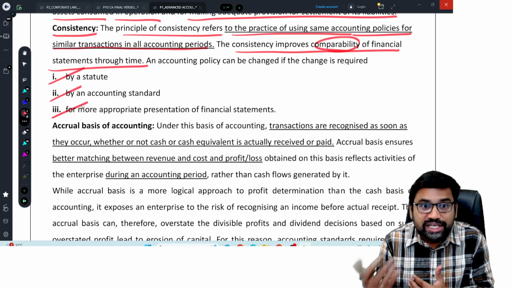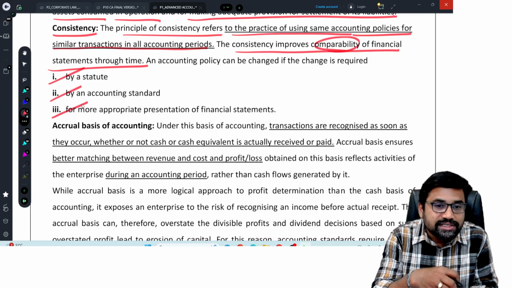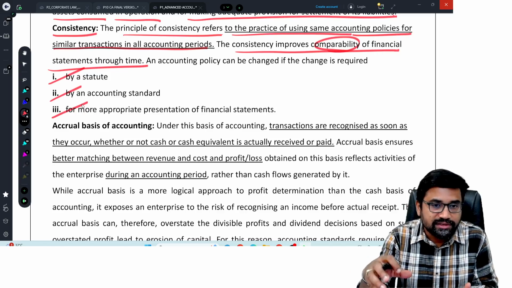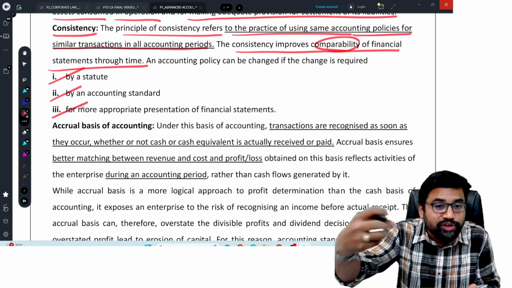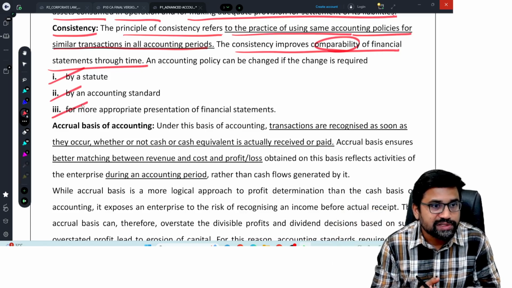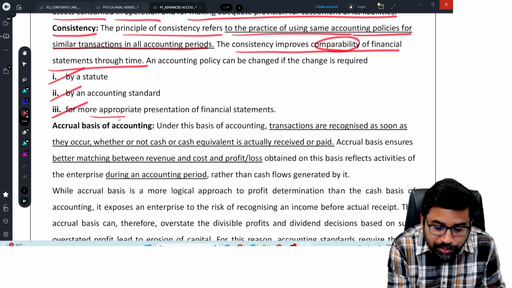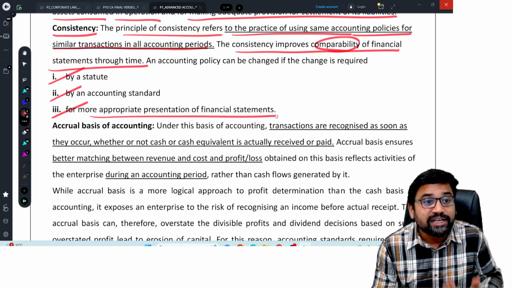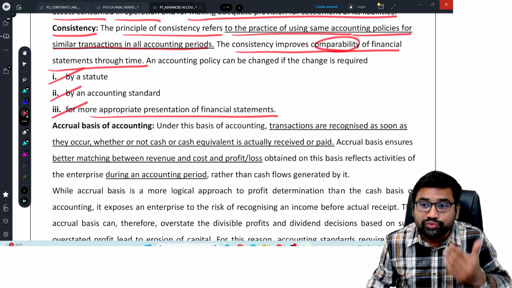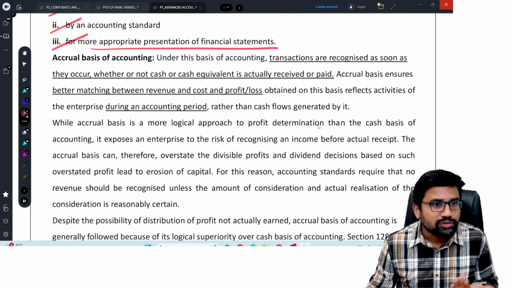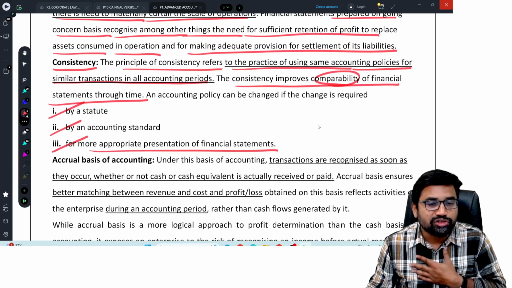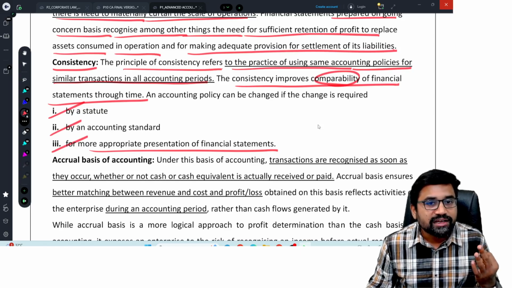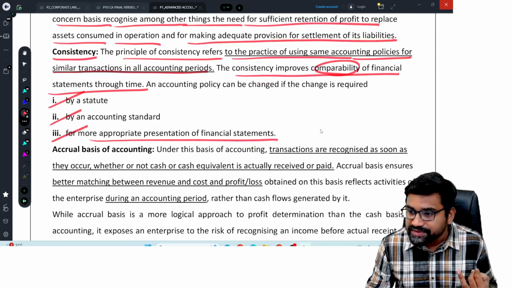Suppose the standard says you have to follow a certain principle; in order to adopt that principle, we may change the accounting policy. For better presentation of financial statements, if you want to follow a different policy, you can. So there are three reasons the company can change the accounting policies. Tell me those three reasons. By statute, by accounting standard, for better presentation of financial statements.